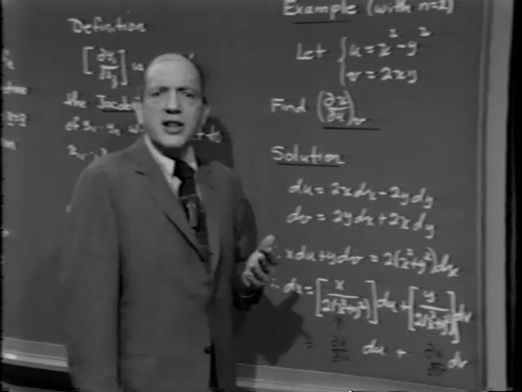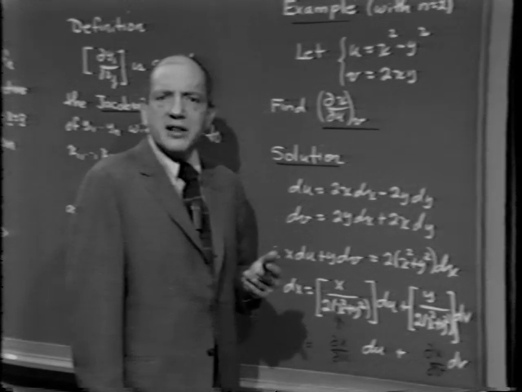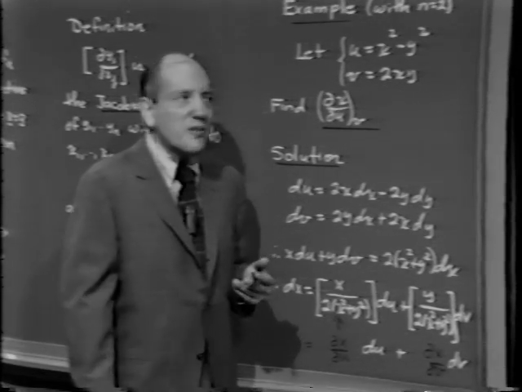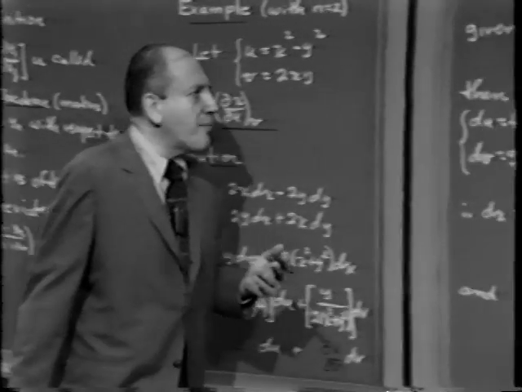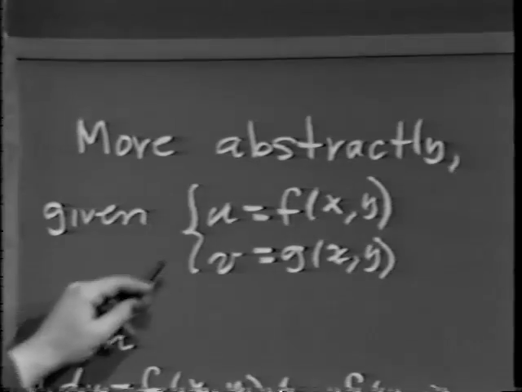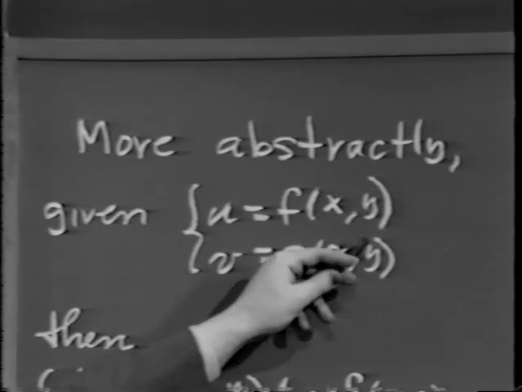At any rate, to take this problem away from the specific concrete example that we've been talking about and to put this in terms of a more general perspective, let's go back more abstractly to the more general system. Let's suppose now that u and v are any two continuously differentiable functions of x and y.